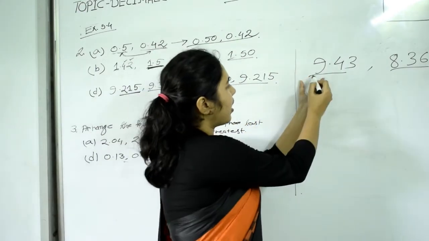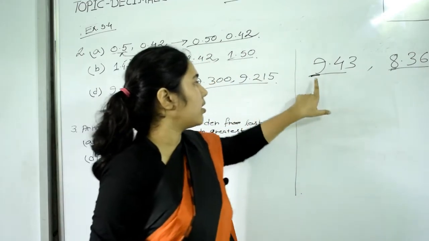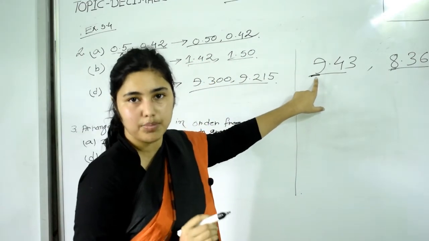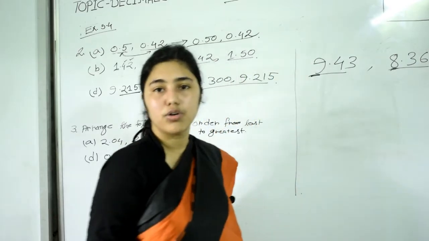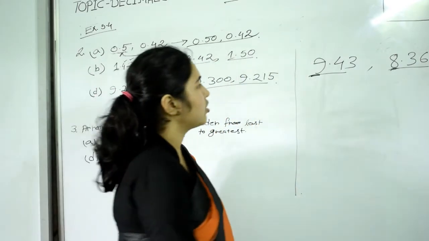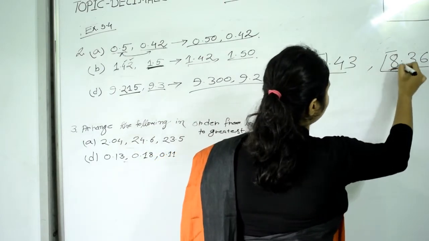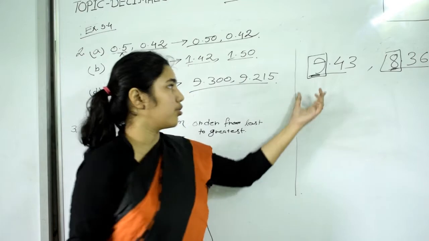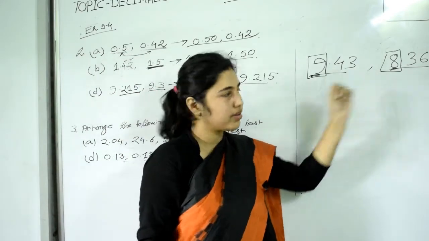Now, this part is our whole number part. So in this number, 9 is our whole number part. And in this number, 8 is our whole number part, right? So first, compare this whole number part. Now, we know 9 is bigger than 8, right?